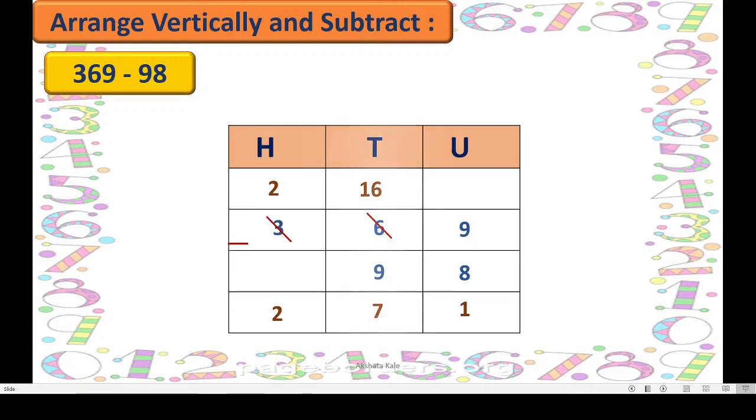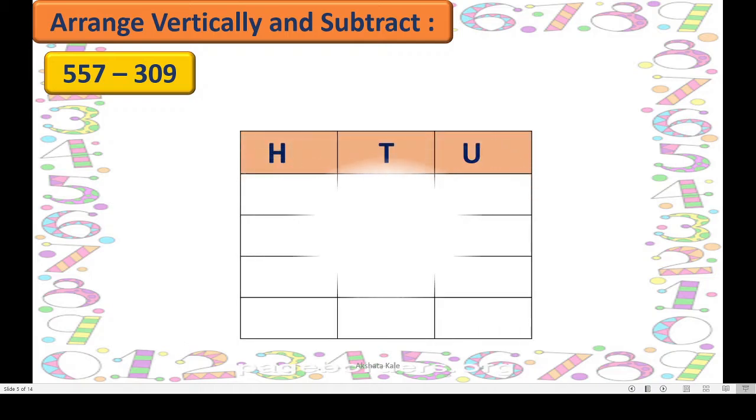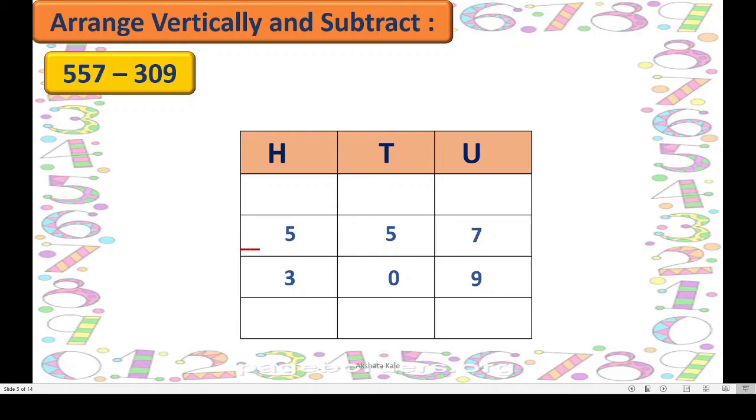Right? Third sum, 557 minus 309. This is in horizontal position. We will write in the vertical position. Always write the numbers from unit place. Now here in the unit place 7 minus 9, not possible. So it borrows from 5 tens and it becomes 17.